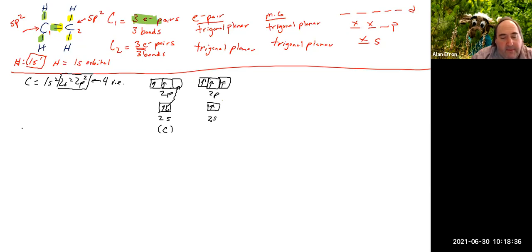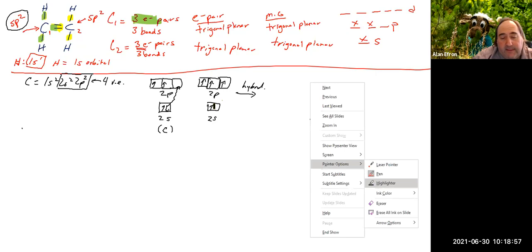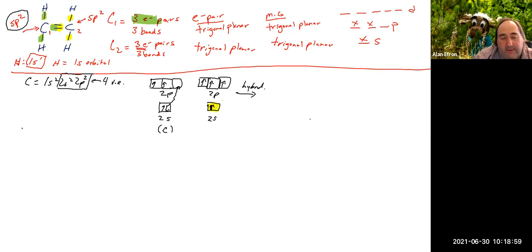And remember, the importance here is we've identified that this carbon is going to go through sp2 hybridization, which means when it goes through hybridization, it's going to take an s orbital and 2 p orbitals, so it's going to take this s orbital, 1 p orbital, and 2 p orbitals.